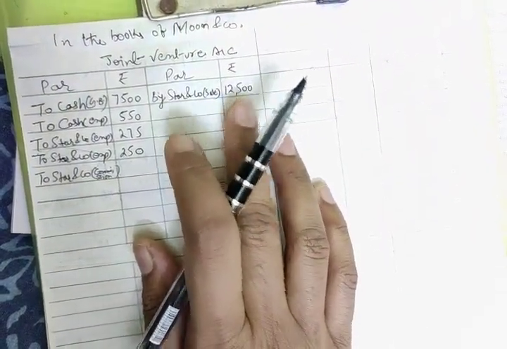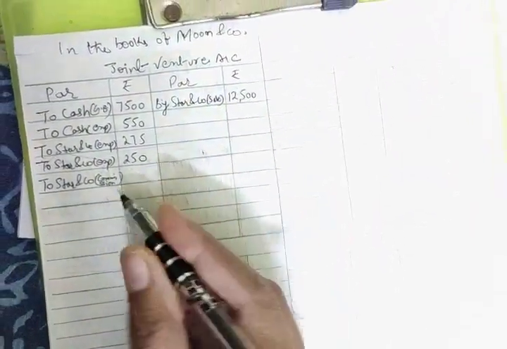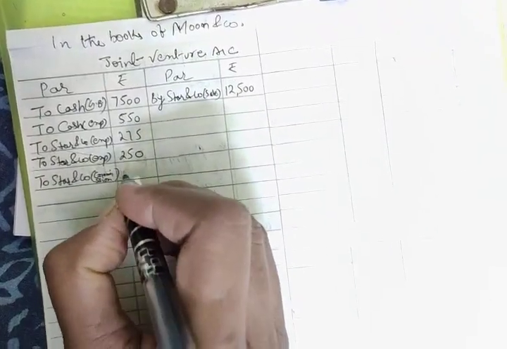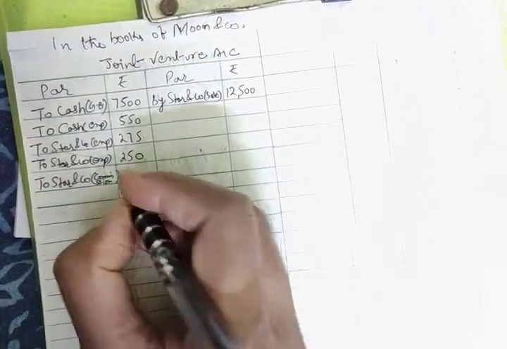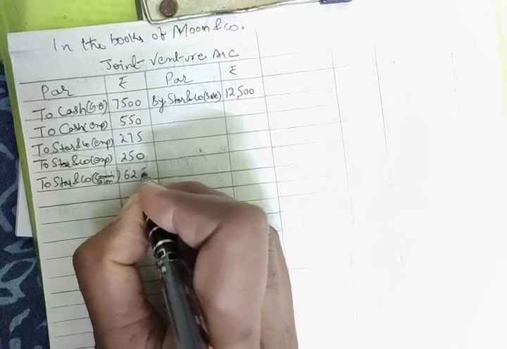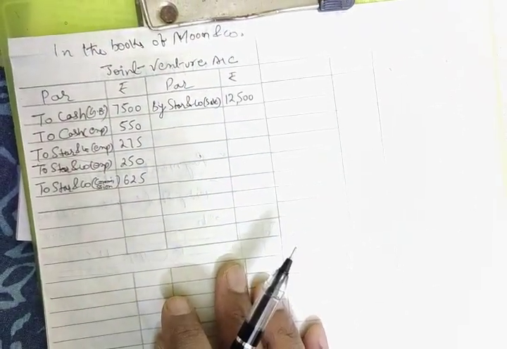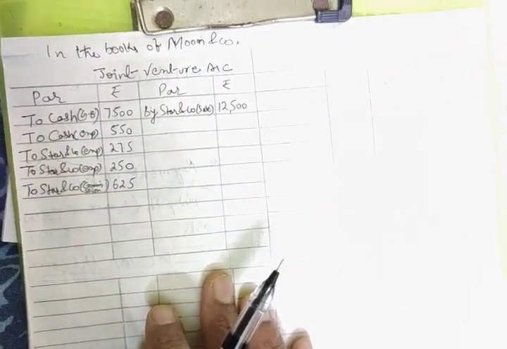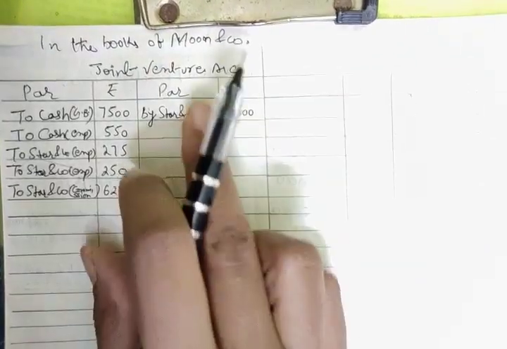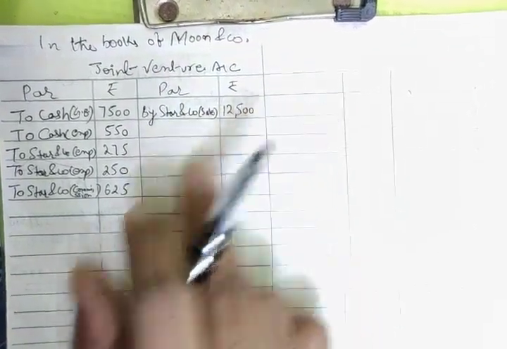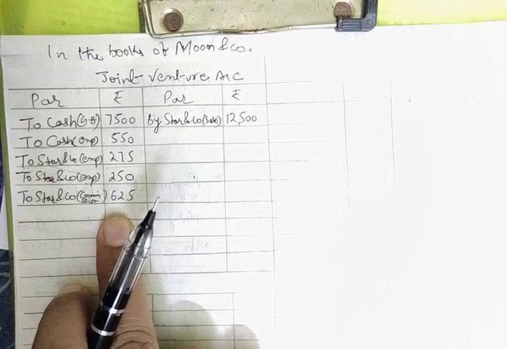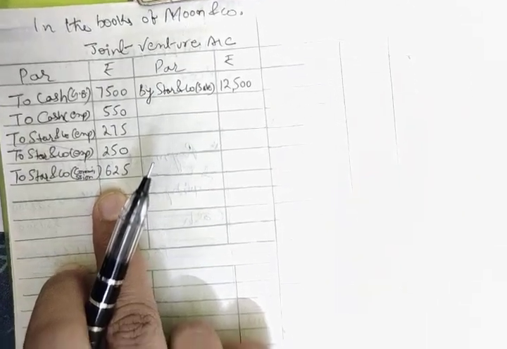So if we calculate 5% of 12,500, we get the amount as 625. Kindly do the calculation in a calculator if you want. 5% of 12,500 commission will be 625.